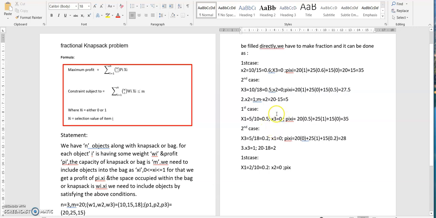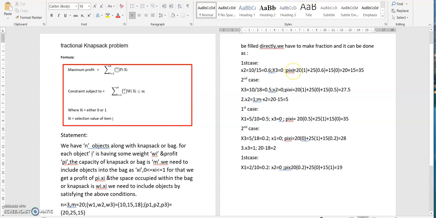That means P1x1 plus P2x2 plus P3x3. P1 is 20, x1 is 0.2, 25 times x2 is 0, plus P3 15, x3 is 1. Then the value equal to 19.